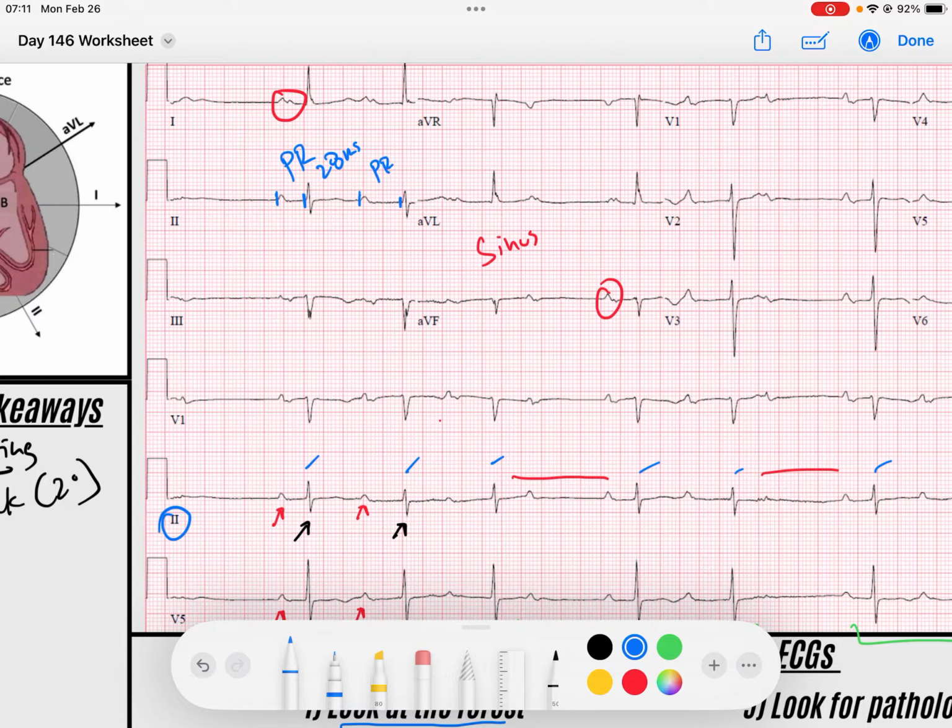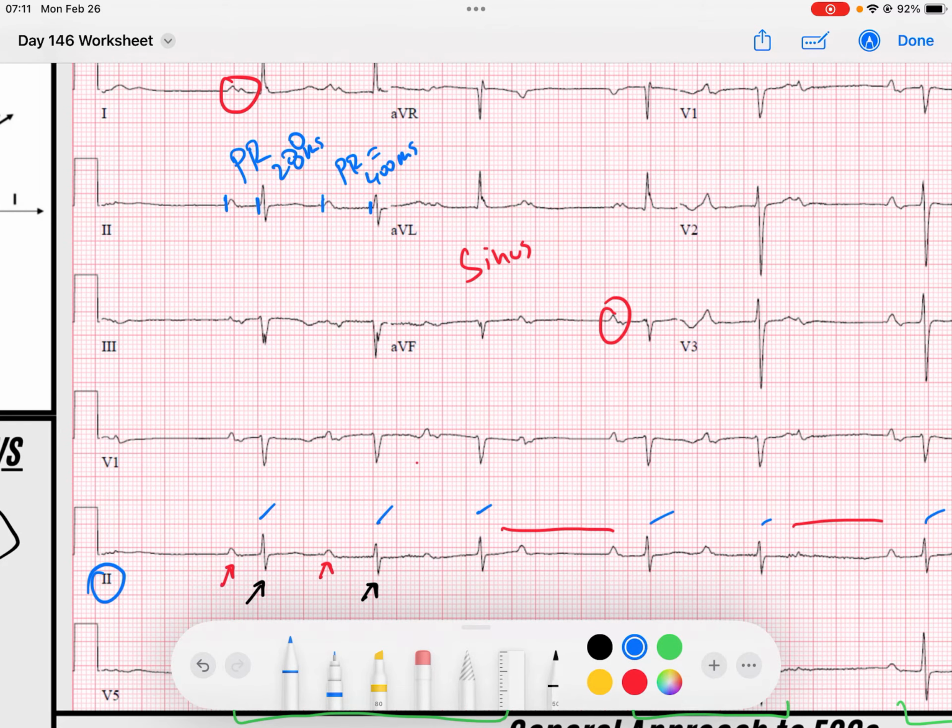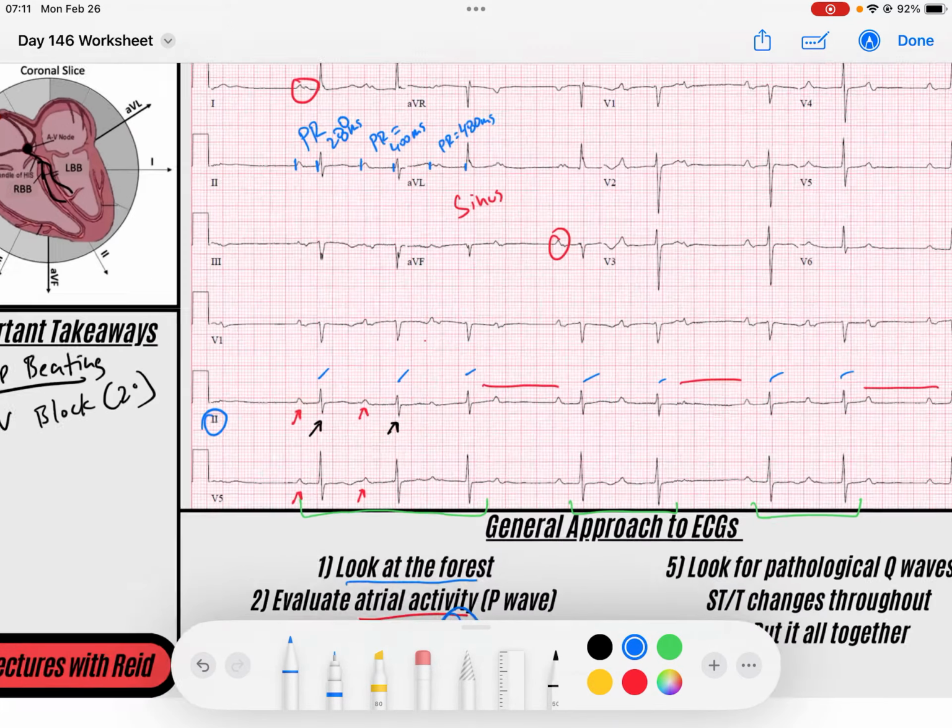That one is going to be like 10 small boxes, so that's 400 milliseconds. So it's getting longer. And then the last one is even longer. It starts here and goes to here, which is longer than 10. That's more like 12, so that PR interval is maybe 480 milliseconds. So we see that our PR interval is getting longer and longer and longer. You can see that down here.